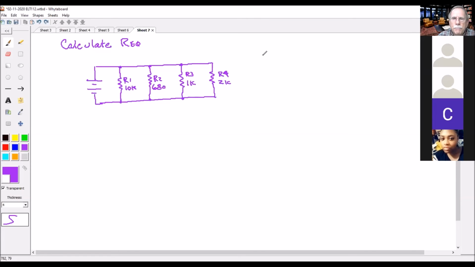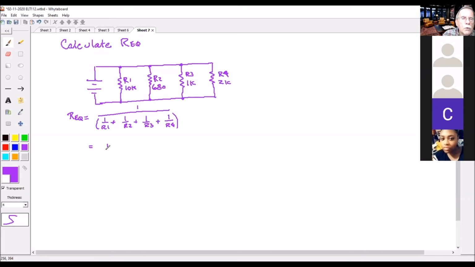So REQ is 1 over R1 plus 1 over R2 plus 1 over R3 plus 1 over R4, and we take the reciprocal of the whole thing.